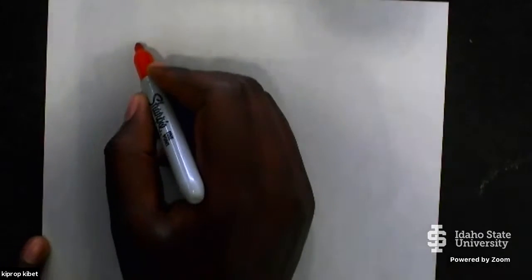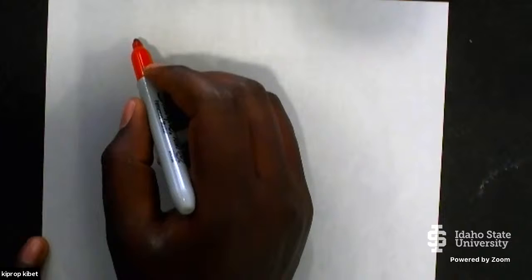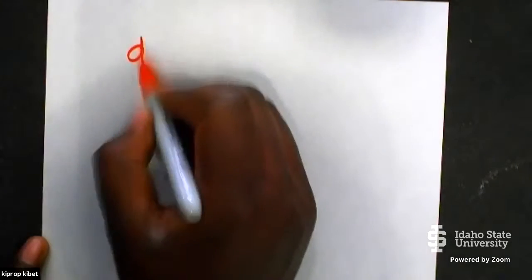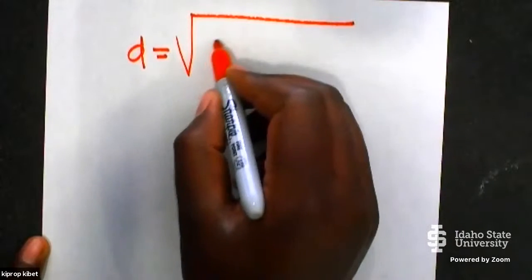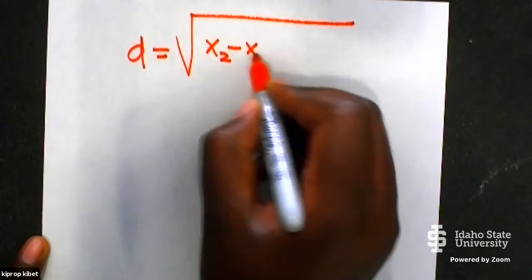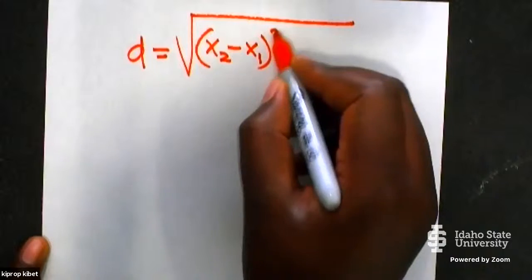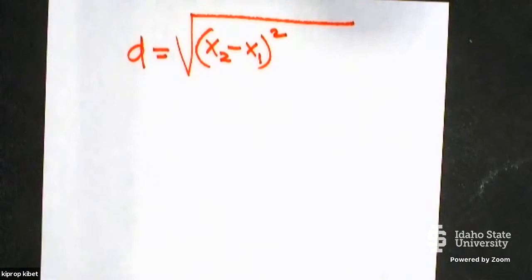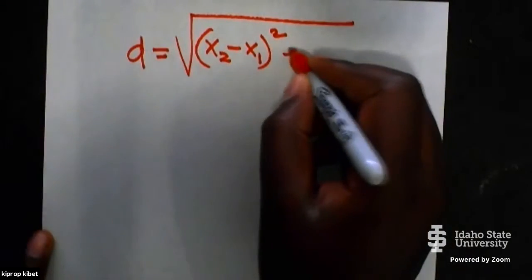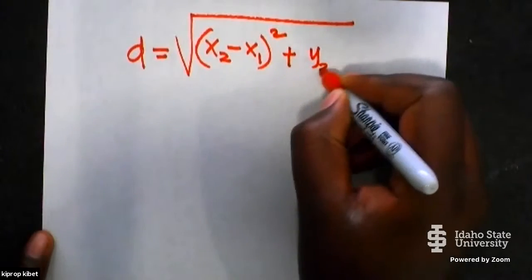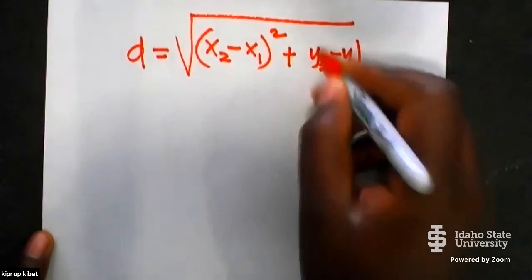We know our formula for getting the distance between the points is the square root of x2 minus x1 squared, and then plus y2 minus y1 squared.